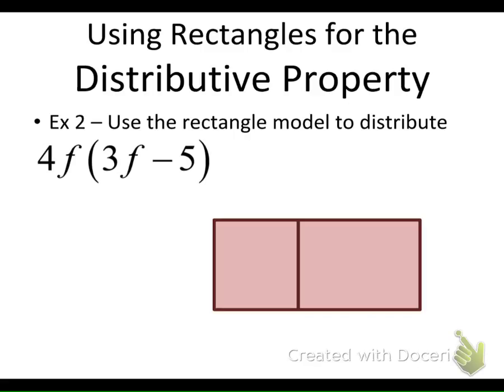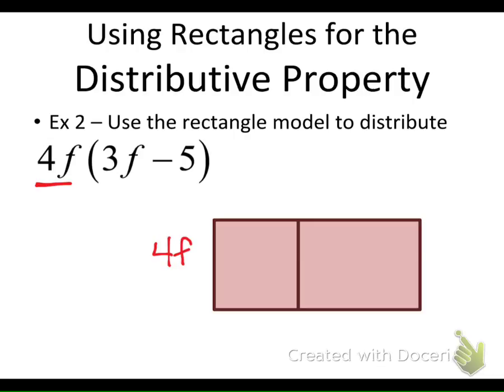Okay, let's try the second one now. Can you tell me what is going to be my height for this one? 4f, good. Remember, my first number is going to be my height. So my height for this rectangle is 4f. Now my width, what is my width going to be?